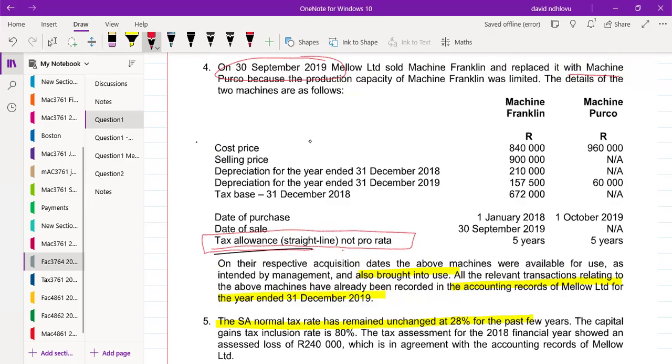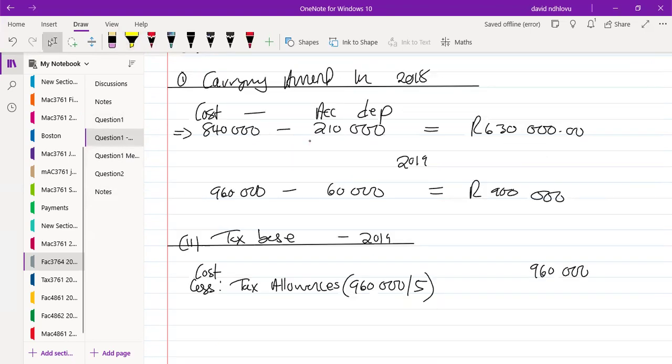That's what it means when they say not pro rata. When they say pro rata, you do as in accounting, multiplying whatever value we get by 3/12. But this is not applicable here. So therefore, the tax allowance would have been 960 divided by 5, which is a figure of 192,000.